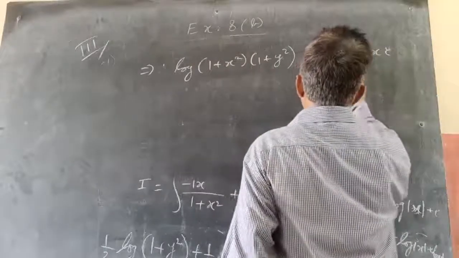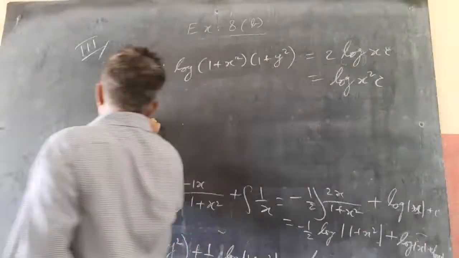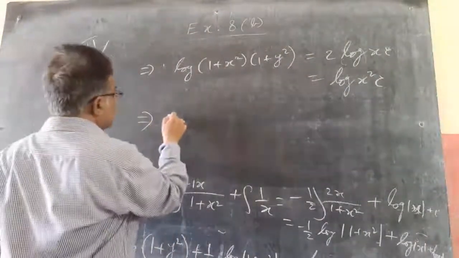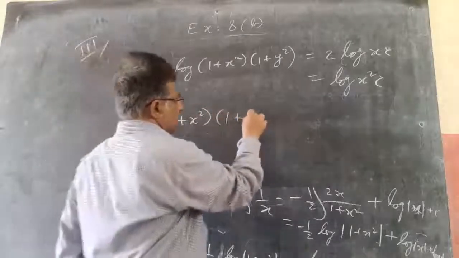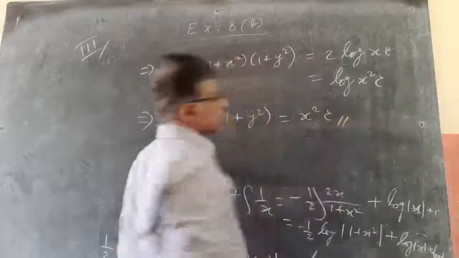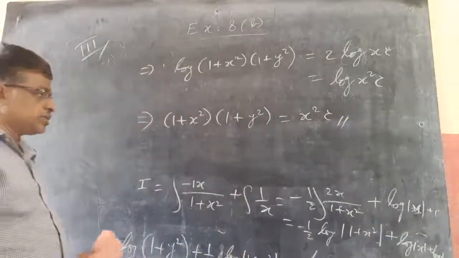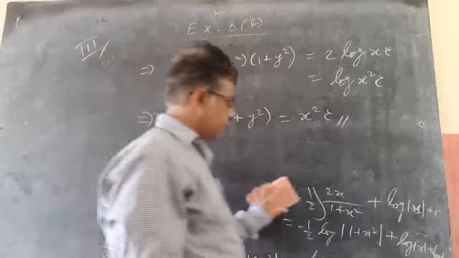If I bring the 2 inside, it becomes log x square c. Cancelling log on both sides, the final solution is 1 plus x square into 1 plus y square equal to x square c. That is our final result.